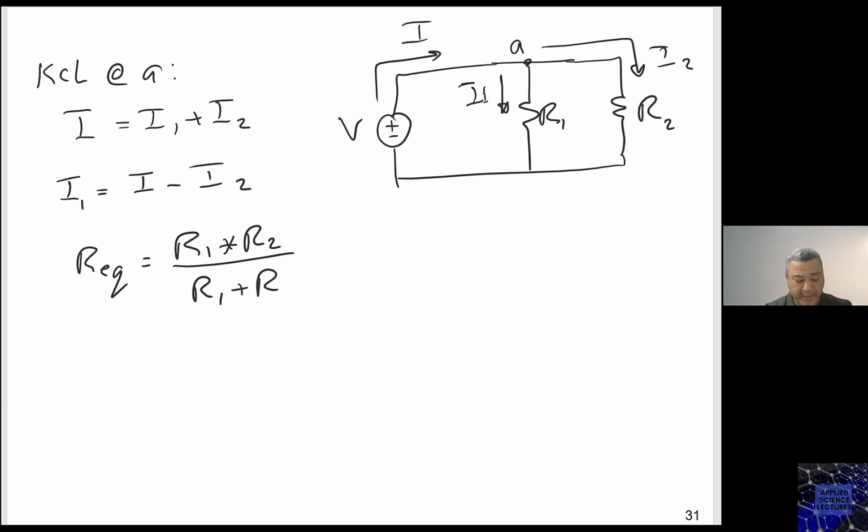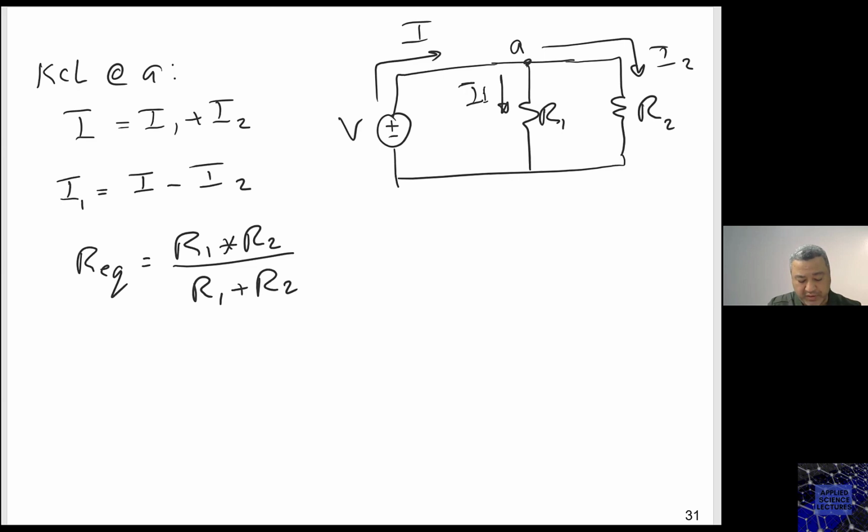So this is the R equivalent, and then what would be the voltage? The voltage here would be, again, the total I times the R equivalent.